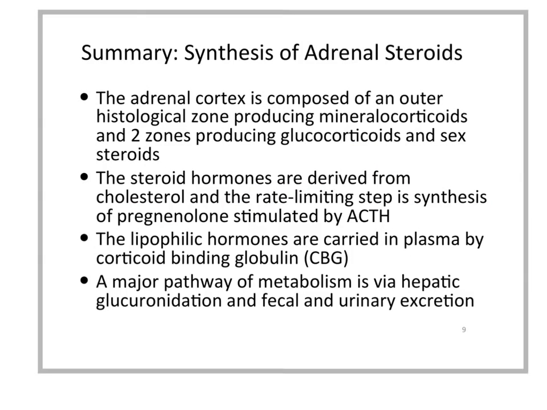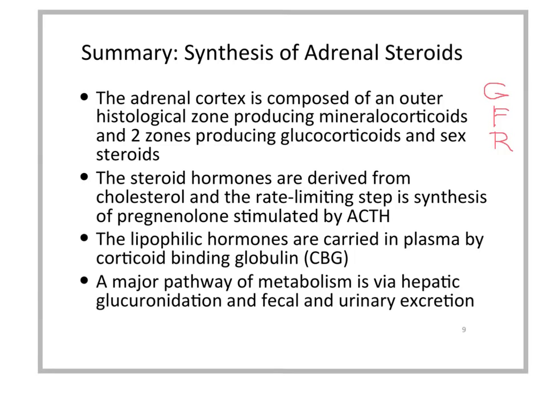So in summary, the adrenal cortex is composed of an outer histological zone that produces mineralocorticoids, the zona glomerulosa, and two zones, the fasciculata and reticularis, that produce glucocorticoids and sex steroids. And we're going to remember this by the acronym GFR.